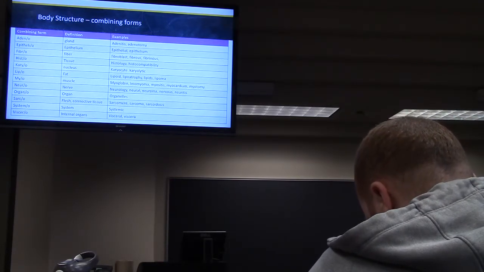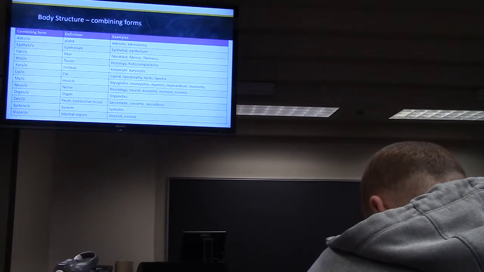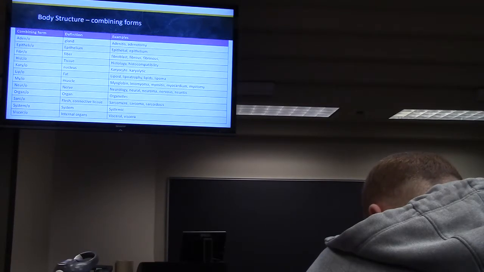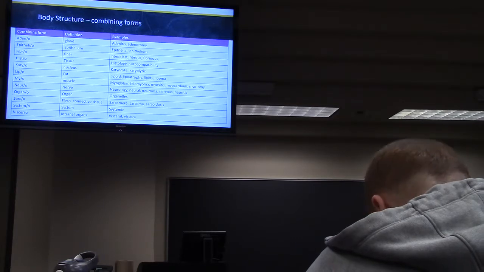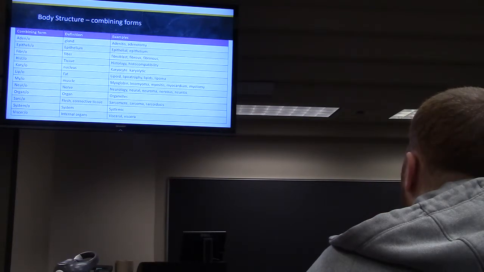So it's a smooth muscle tumor, common in the uterus, in the smooth muscle of the uterus. Myositis, inflammation of the muscle cell. Myocardium, heart muscle, cardiac muscle. So here you're starting to see two word roots, myo and cardio, and then the ium is referring to or pertaining to. Myotomy, removal of muscle.